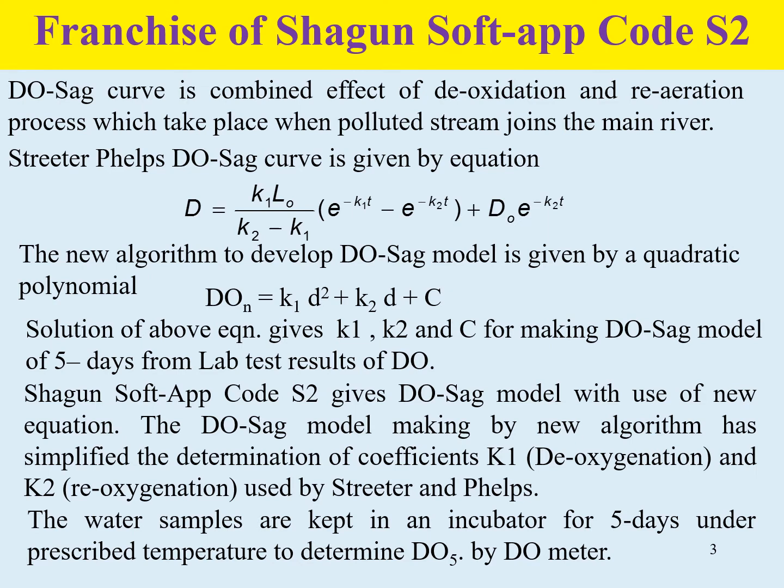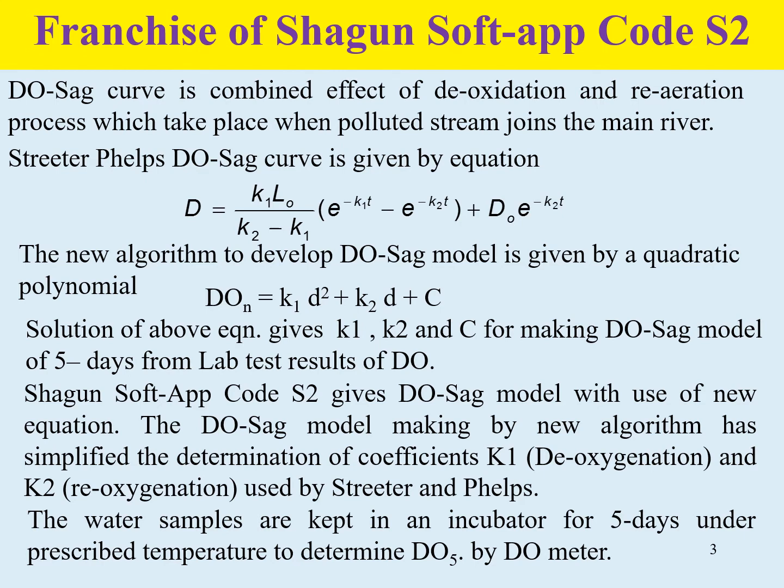Label the bottles as DO first day, DO second day, DO third day, DO fourth day, and DO fifth day. Sample bottles DO second day to DO fifth day are kept in an incubator under prescribed temperature. Number 4, determine K2 from river mean velocity and depth.